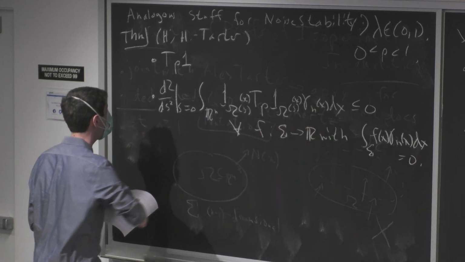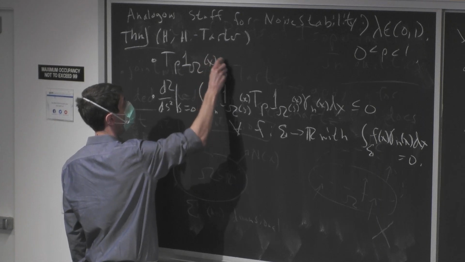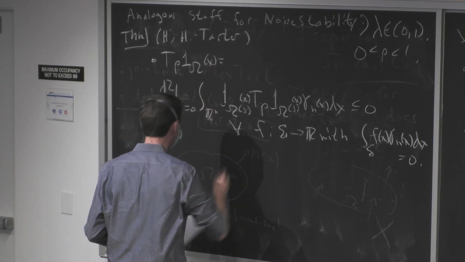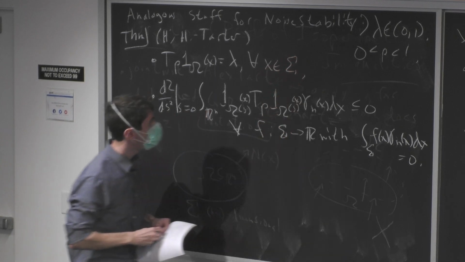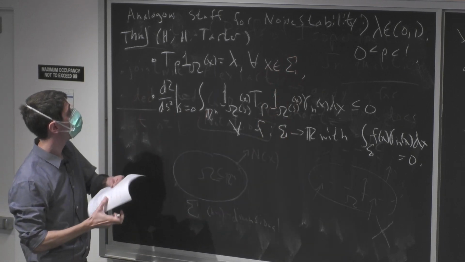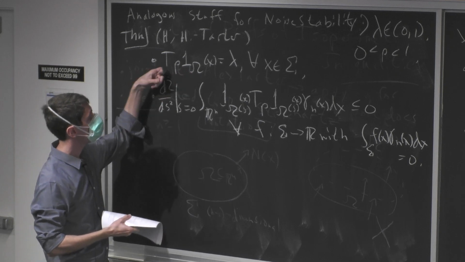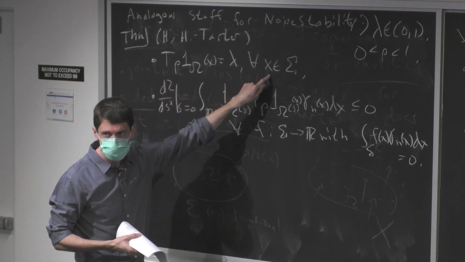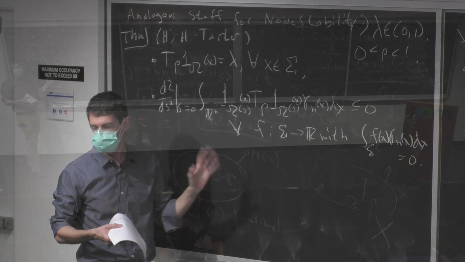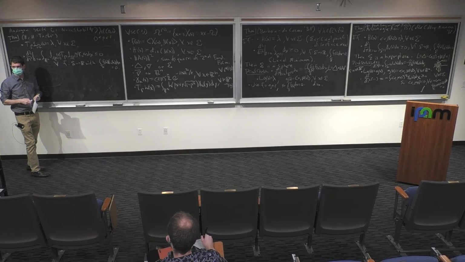And being a critical point in this case means your set is constant. So I take my set, I run this Gaussian heat flow on it. It's going to be constant on the boundary. You do a little calculation, and you'll see that's what it means to be a critical point.